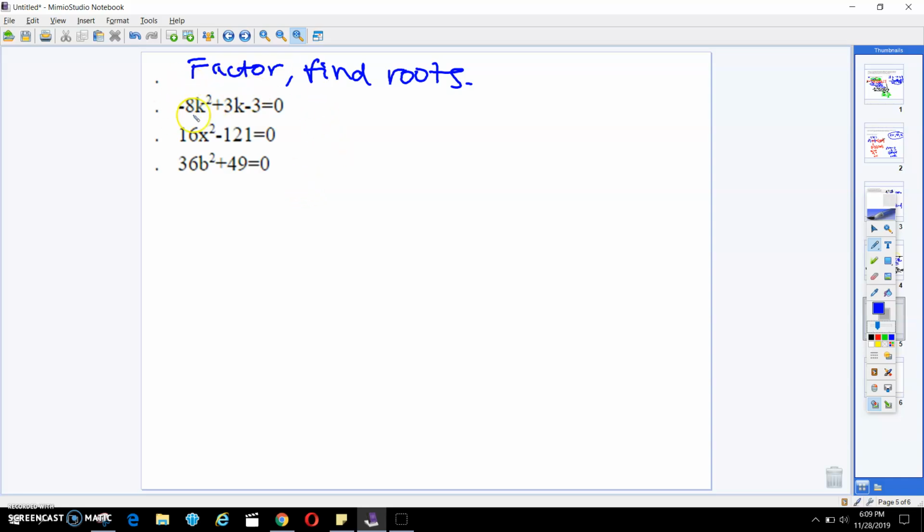Okay. So on this first problem, I'm going to factor, and I'm going to use my x method. So 8 times negative 8 times negative 3 is going to give me a positive 24, and my b is going to be 3. So I got to think of two numbers that if I add them together, I get 3, and if I multiply them together, I get 24. So let me list out my factors of 24 really quick.